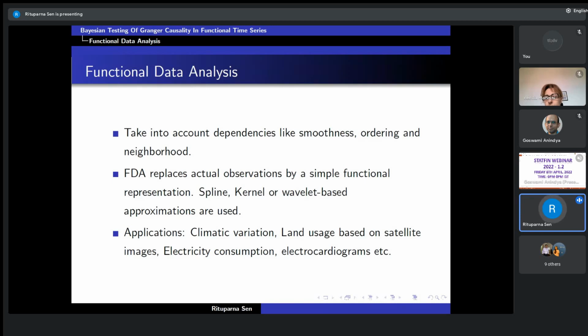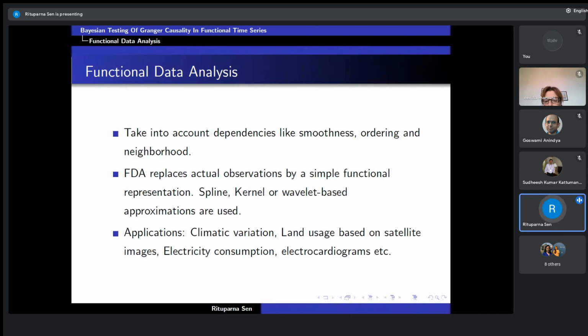However, in functional data, since we are assuming this kind of smoothness, neighborhood matters. So if 2 points are close by, then if you move them far apart, then you lose that smoothness, and then you cannot draw strength from that feature of the data. So that is why it is good to have different methods for functional data.